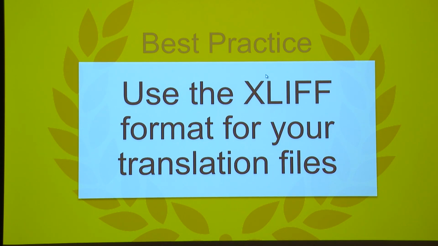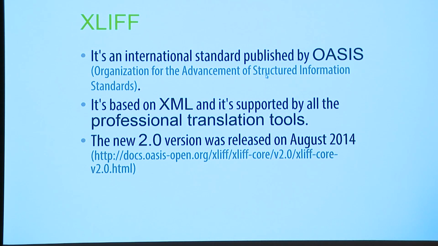Now you need to declare mappings. The best practice here would be to use XLIFF, which is a standard, to have the translation mapping. The reason is that XLIFF is a standard published by a global standardization organization.